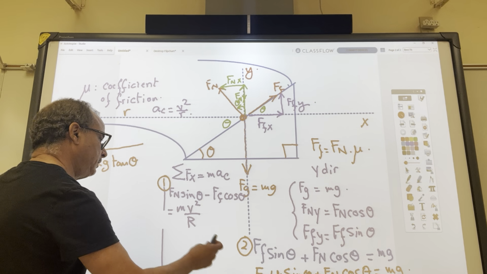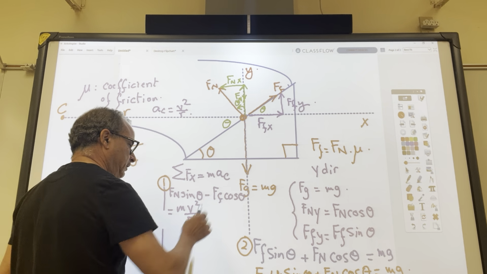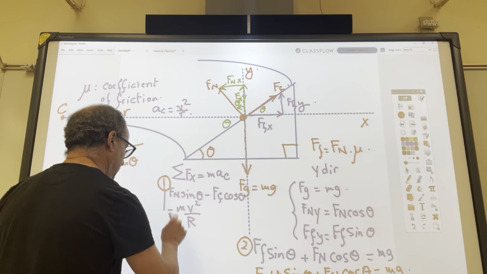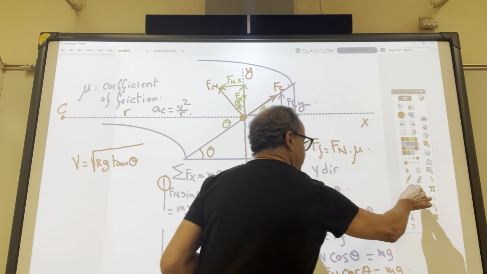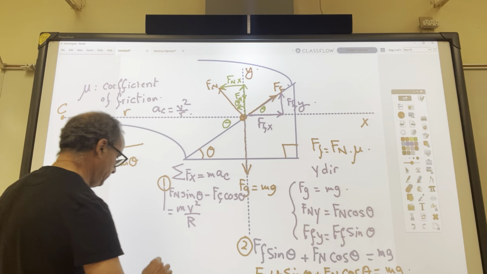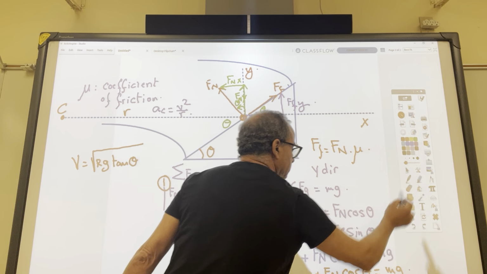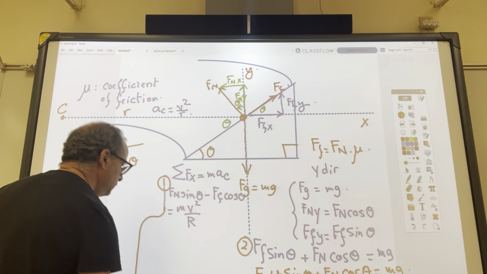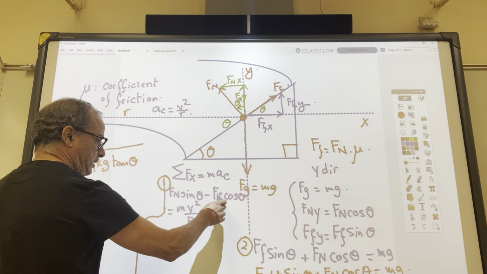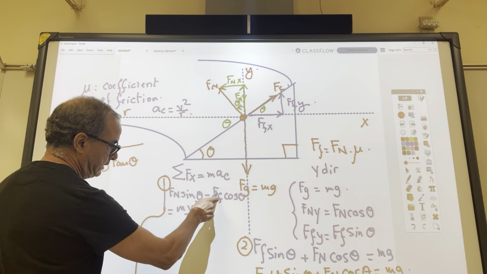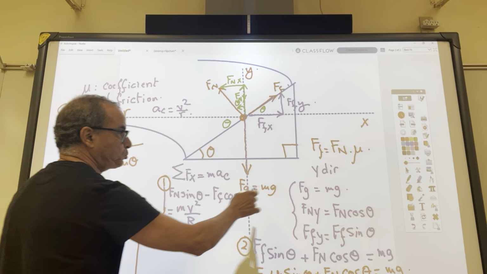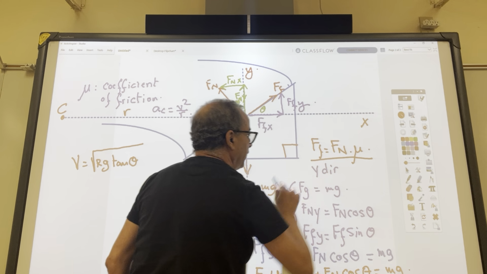And then we're going to come here. Let's replace the Ff here too, because we have Fn. I'm going to do the same thing I did for equation 2 for equation 1. I'm going to replace Ff by Fn mu.